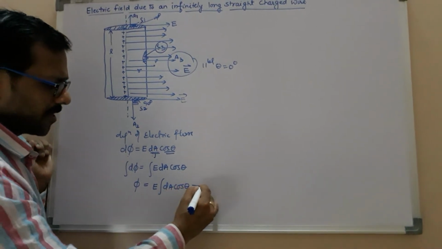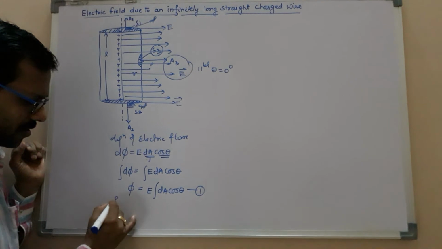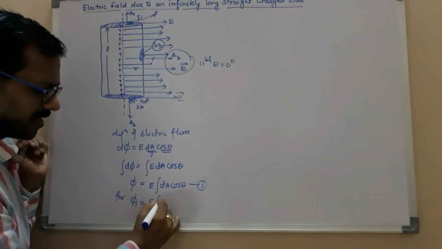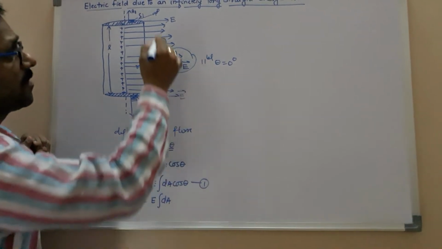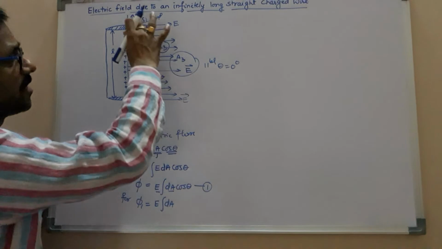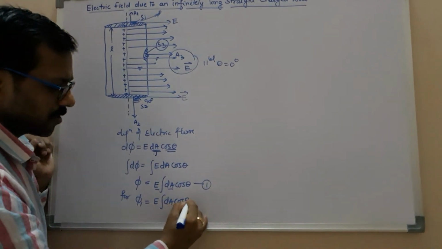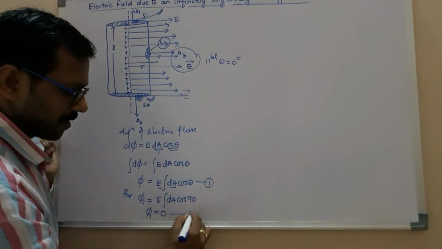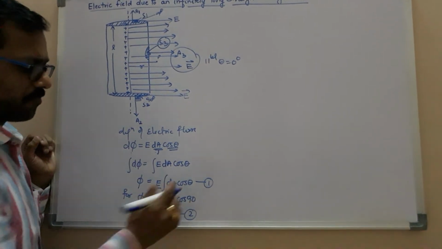If you calculate it for the first surface, phi 1 equals E dA cos theta, and what is the angle between E and dA for the first surface? That is 90 degrees. Cos 90 is 0, so phi 1 equals 0.